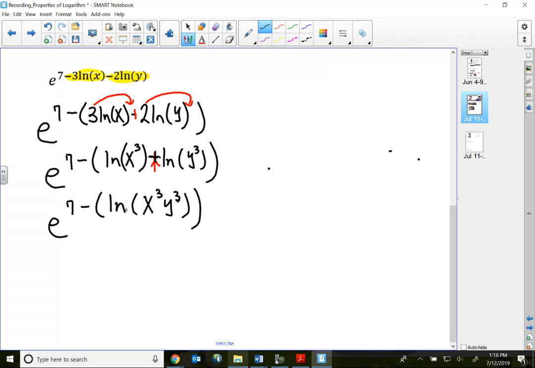All right, now the exponent on top of the e only has 2 terms. So this is where it's tricky because, okay, what in the world does this subtraction mean? Because right now I don't have a logarithm out here. I actually have an exponential expression. This whole problem is an exponential expression.